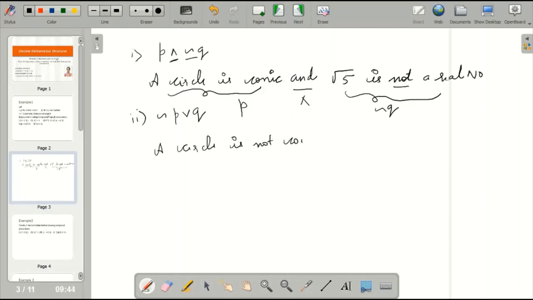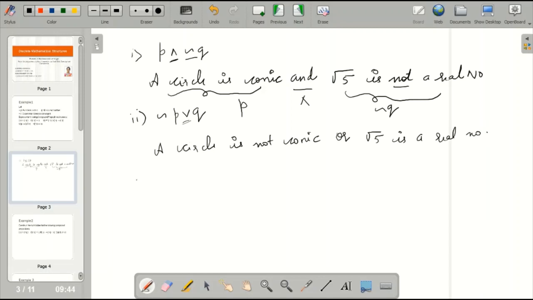Negation means placing an appropriate 'not' in a proposition. A circle is not conic, and this symbol is nothing but disjunction, so it is nothing but 'or'. A circle is not conic or Q. What is Q? Root 5 is a real number. So this is regarding the second statement.